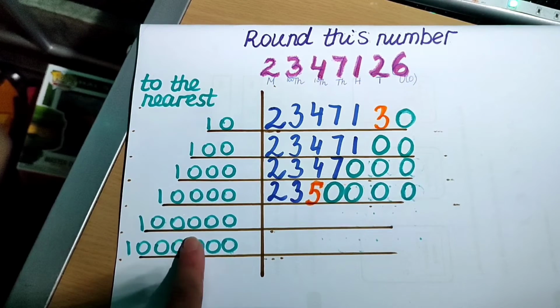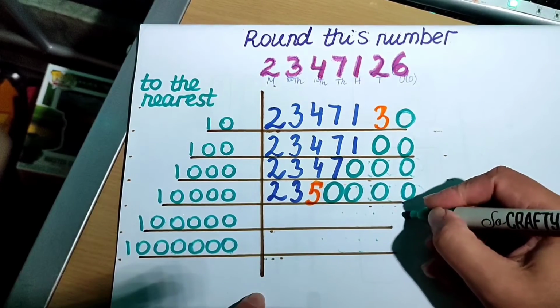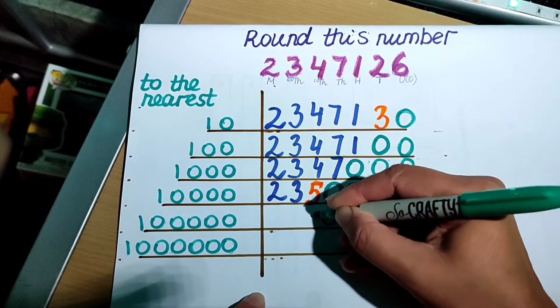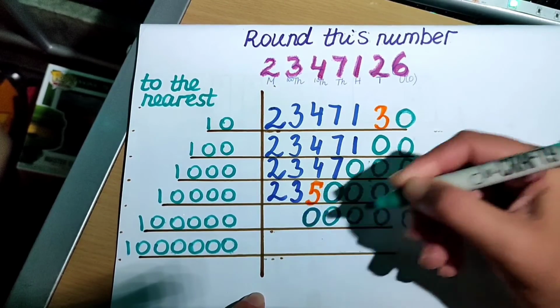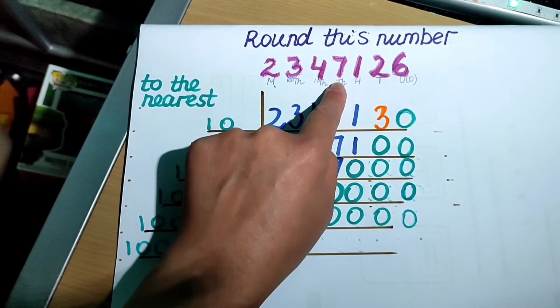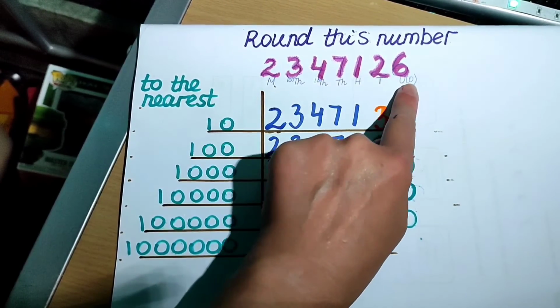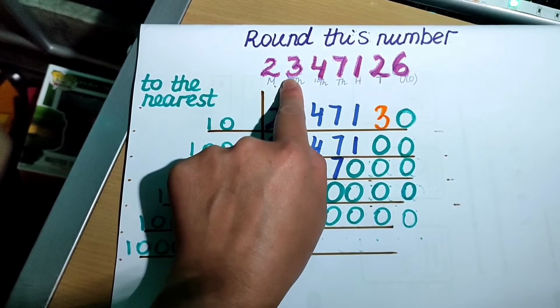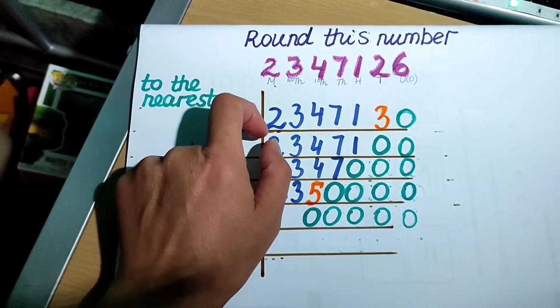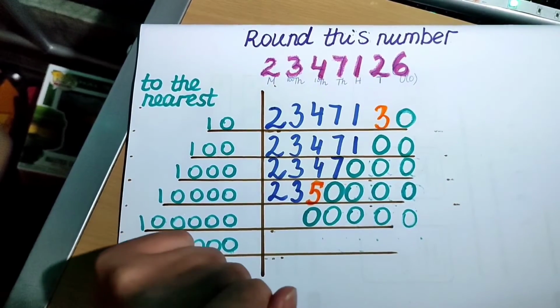Now let's round this number to the nearest 100,000. Okay, how many zeros should we have at the end? 1, 2, 3, 4, 5. So is 347,126 closer to 300,000 or is it closer to 400,000?